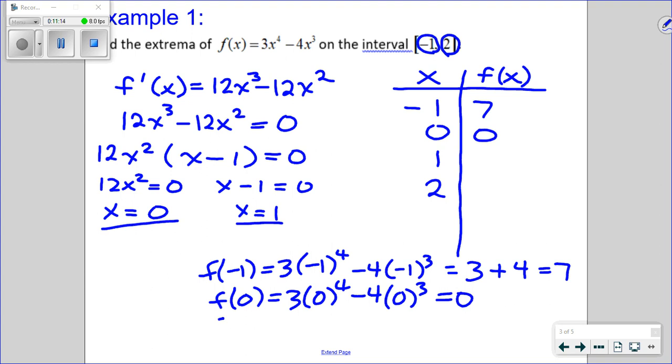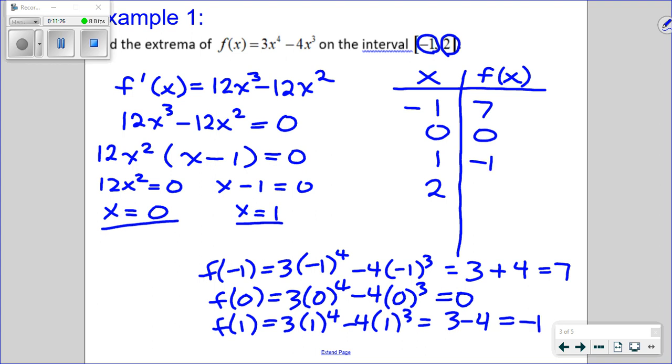We're going to plug in a 1. So we'll get 3 times 1 to the 4th minus 4 times 1 cubed, which will end up just being 3 minus 4, which is -1. And then we're going to plug in a 2. So 3 times 2 to the 4th minus 4 times 2 cubed.